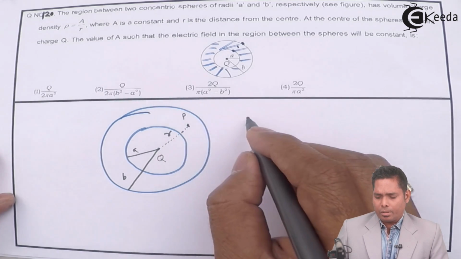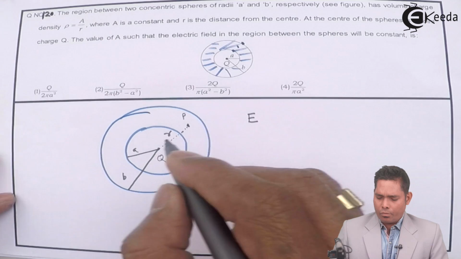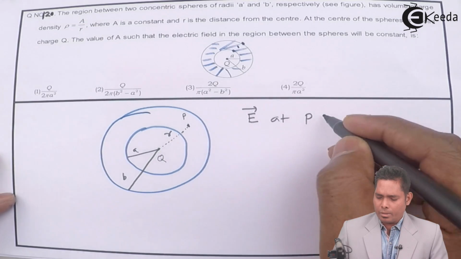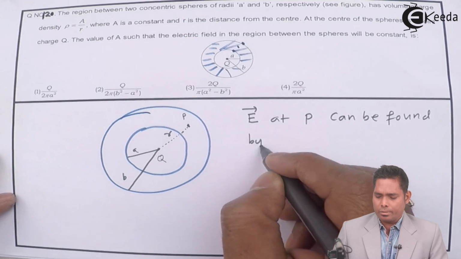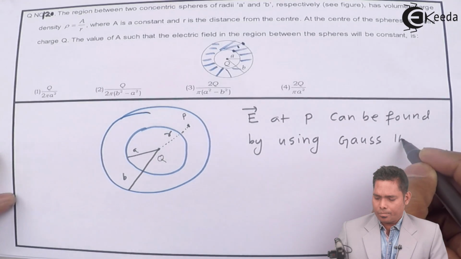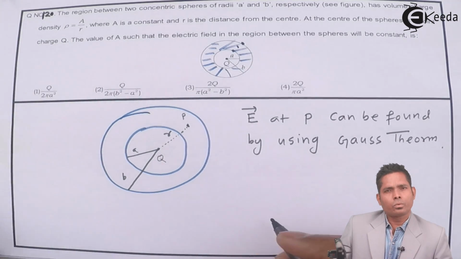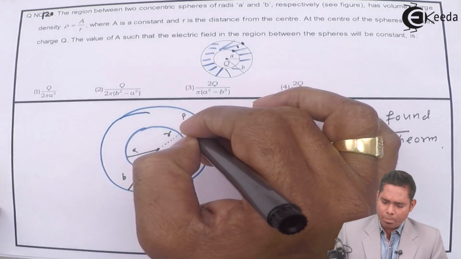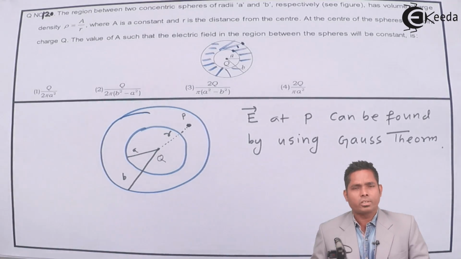The electric field at point P can be found by using Gauss theorem. If I use Gauss theorem, E at P, electric field at P, can be found by using Gauss theorem. To apply Gauss theorem at this point, I have to consider a Gaussian surface.